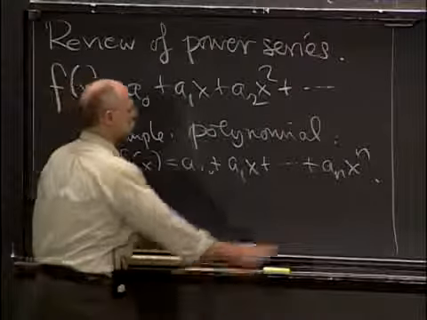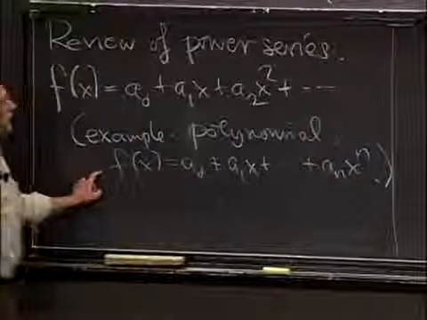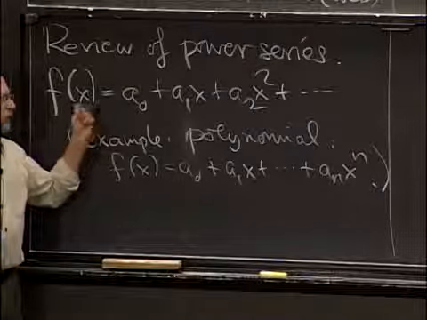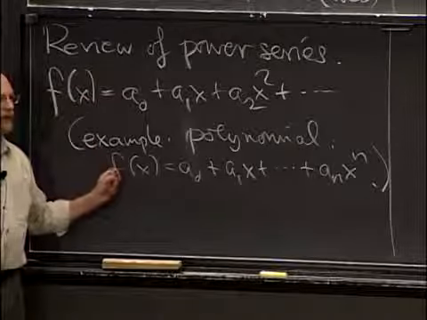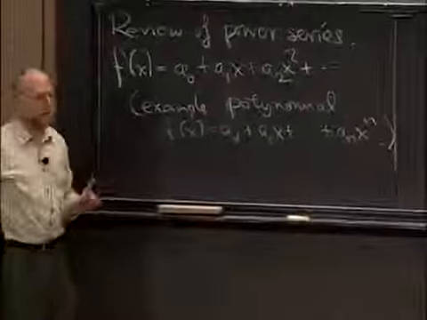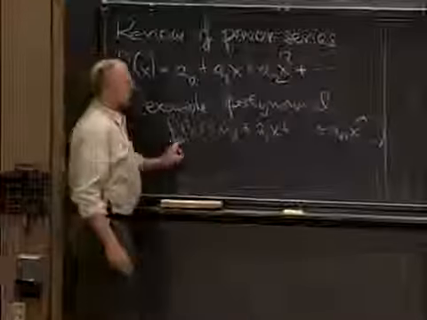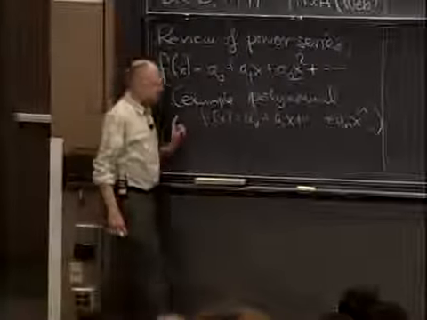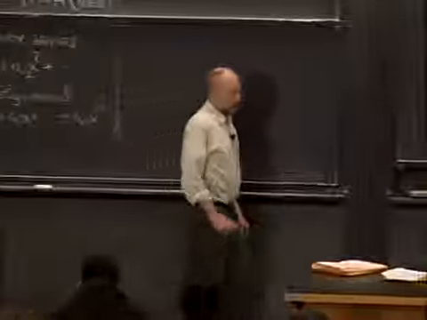This is a perfectly good example of a power series. It's a very special kind of power series. And part of what I want to tell you today is that power series behave almost exactly like polynomials. There's just one thing that you have to be careful about when you're using power series that isn't a concern for polynomials, and I'll show you what that is in a minute. So you should think of them as generalized polynomials.